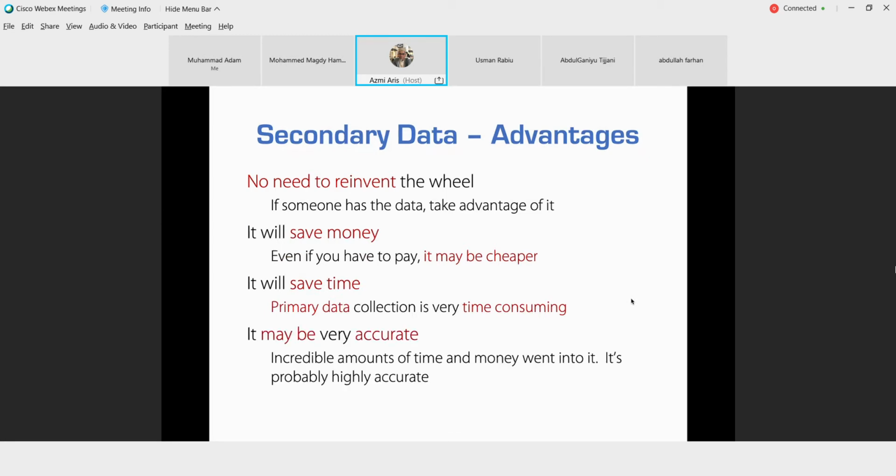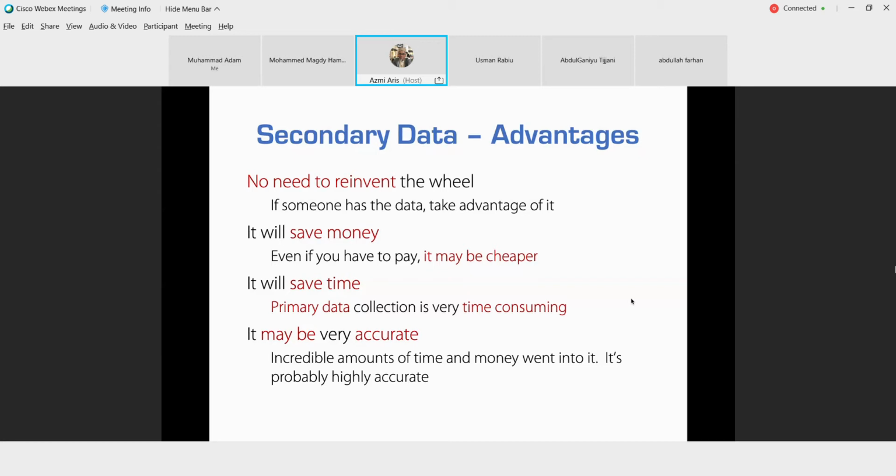And normally, one of the reasons in collecting secondary data is because the data that we need is long-term data. For example, if you are working in hydrology and you want to look at the flood pattern or rain pattern, normally it will require like 20, 30 years of data.